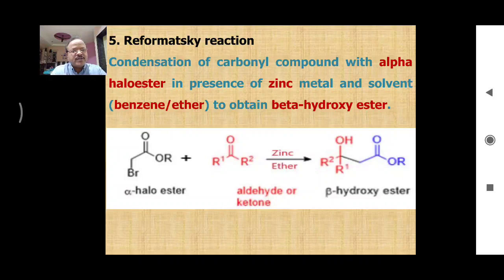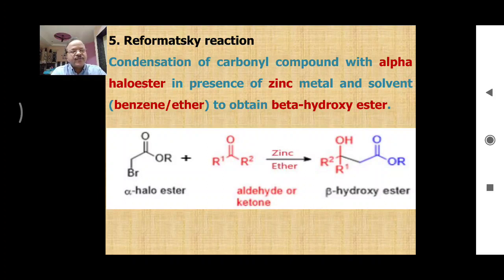So you should remember all these things: the starting compound, then alpha haloester is used in Reformatsky reaction, then zinc metal and benzene or ether are the solvents used in this reaction, and mainly the product of Reformatsky reaction is beta hydroxy ester. This type of MCQ may be asked in the examination, because on these 5 reactions one question might be there in the examination.